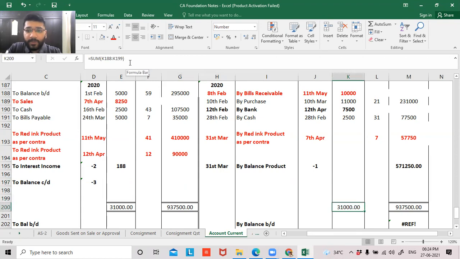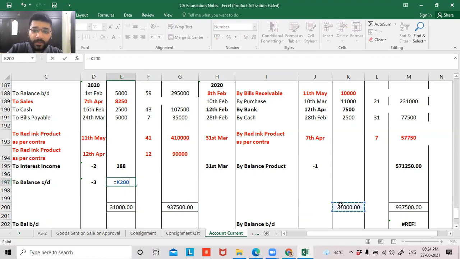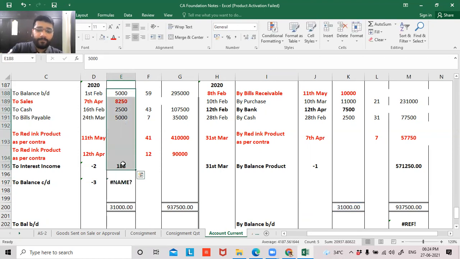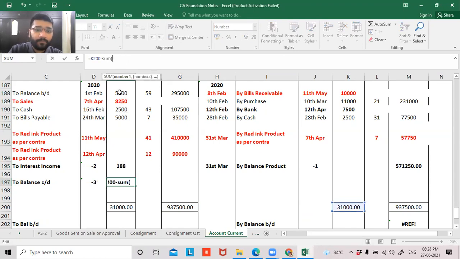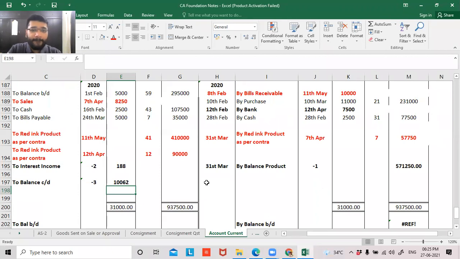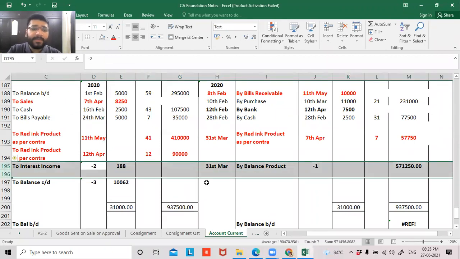Please do the balancing as per your method. 31,000 minus the sum of this. Same 10,062, are we getting, guys? Yes. Tell me, guys, any problem in this?